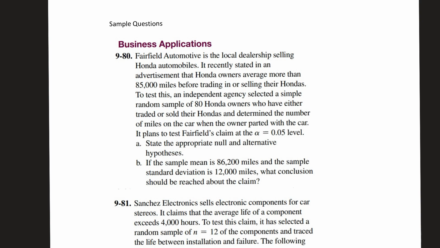But is there enough evidence? So what do we need to do? We need to measure it by looking at the sampling error. Am I right? The difference between X bar and mu. Right now it's only looking like 1,200. Is that enough to say that it's different? Let's find out, all right? So that's why we go through the formal steps and so on.